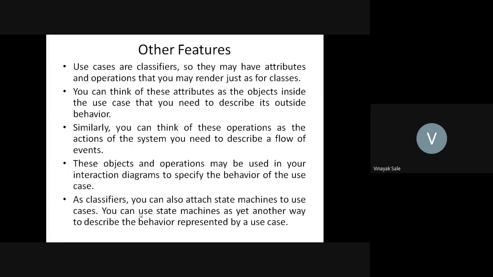Similarly, you can think of these operations as the actions of the system you need to describe the flow of events. These attributes and operations may be used in your interaction diagrams to specify the behavior of these use cases.